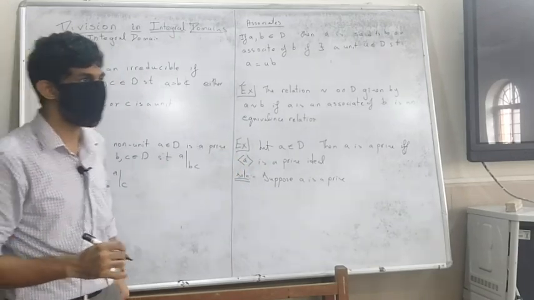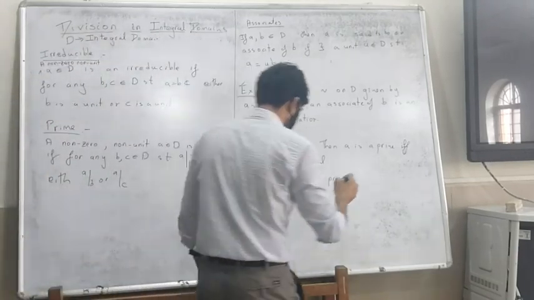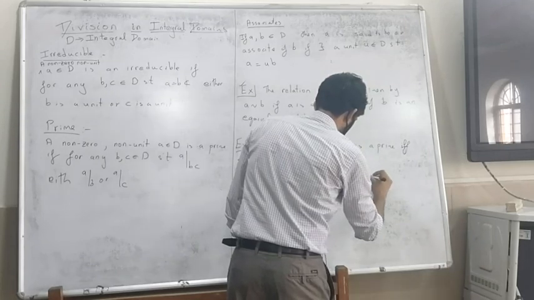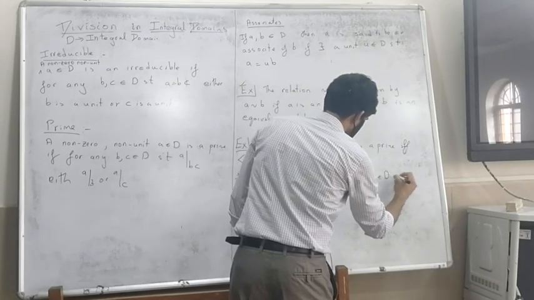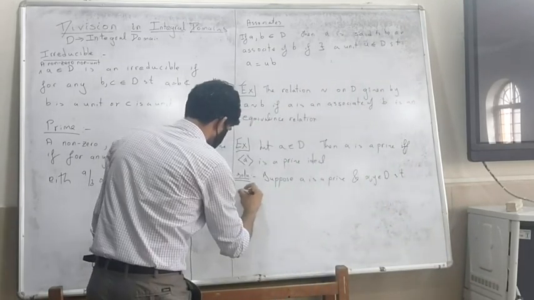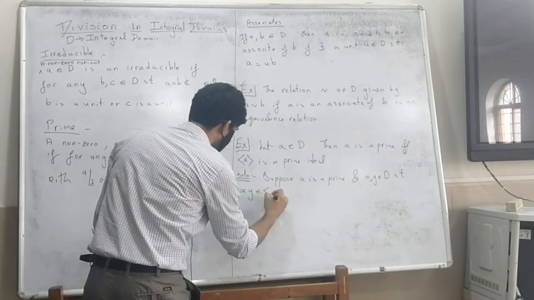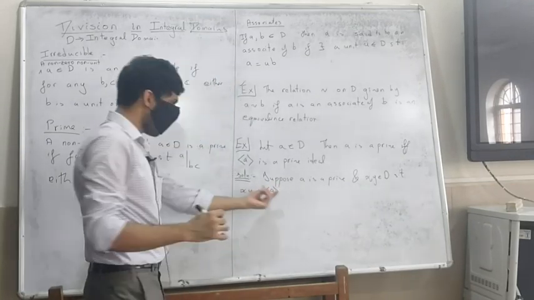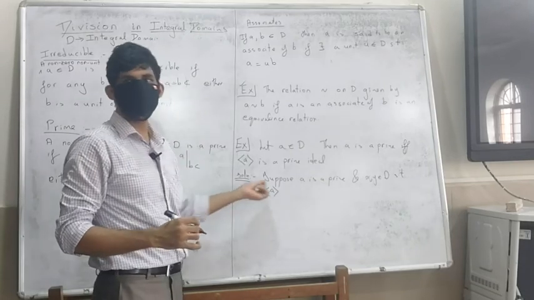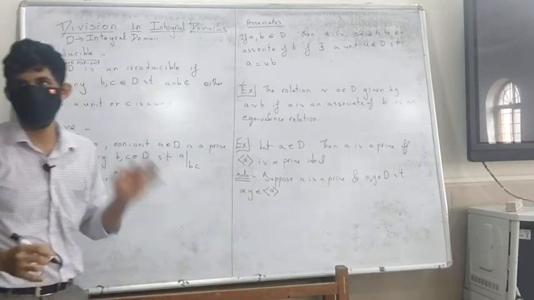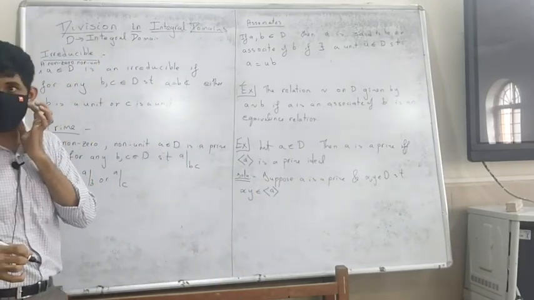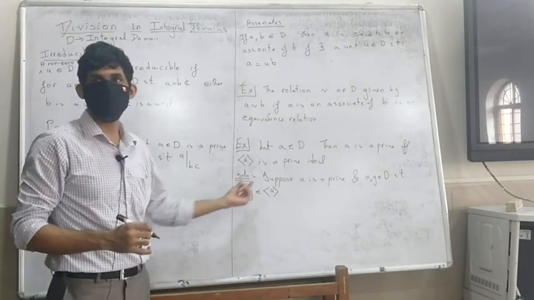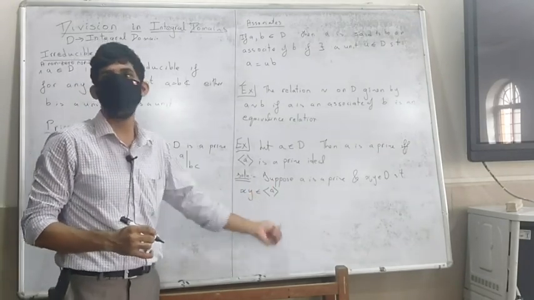How do I show that this is a prime ideal? Take x, y belonging to D. What is a prime ideal? If xy belongs to the ideal, either x is in the ideal or y is in the ideal. That's a prime ideal, right?